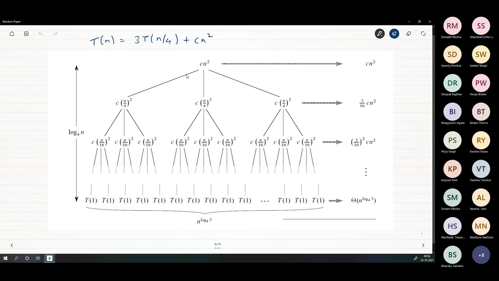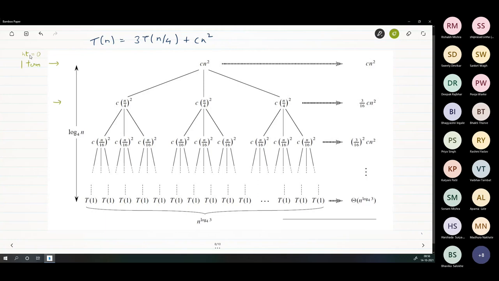So this was height 1, and at height 1 we have one term. At height 2 we have 3 terms. Let me write this down on the left side. Sorry, this is height 0.